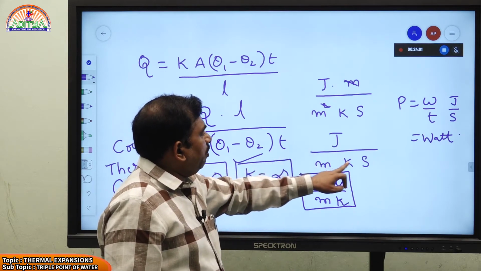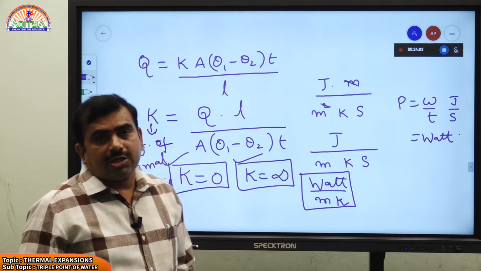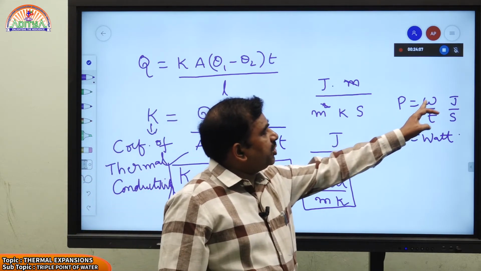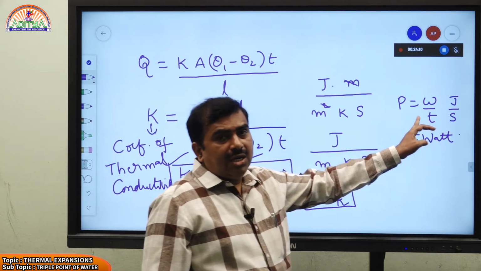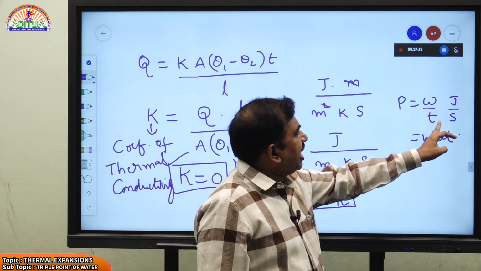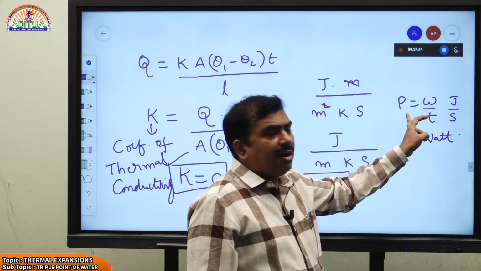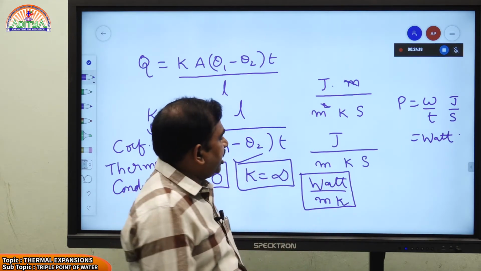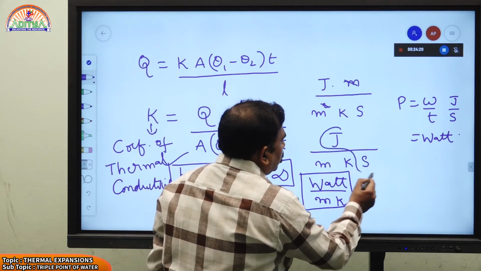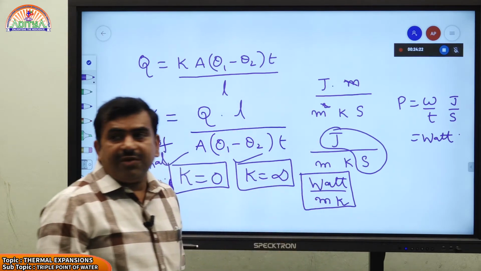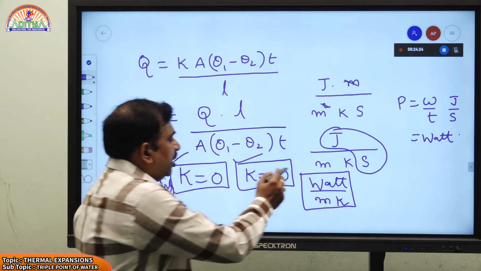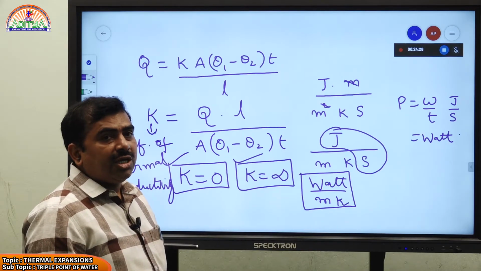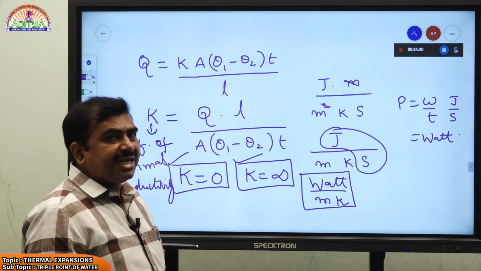Joule per second is nothing but the watt, because you know that power is equal to work divided by time. So, in place of joule by second I wrote watt. Watt divided by meter and degree Kelvin. This is the unit for K, which is called the coefficient of thermal conductivity.